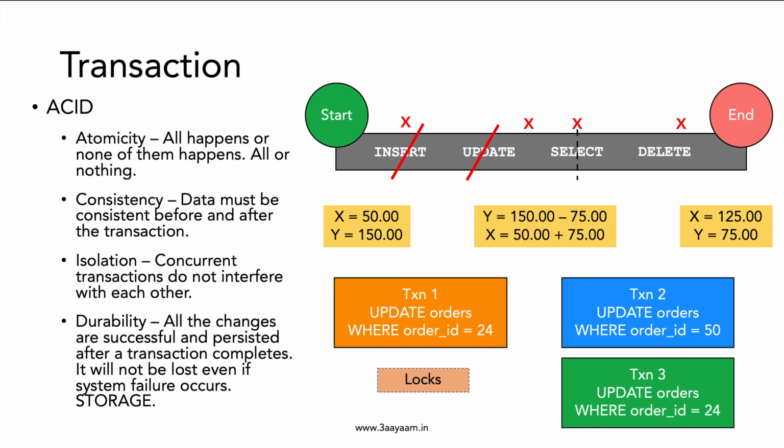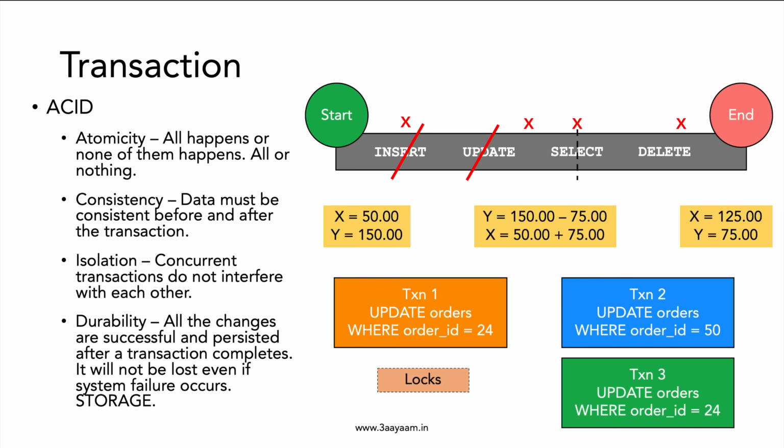It has to support atomicity using transactions, using begin and end, using all or nothing architecture. It has to support consistency, meaning that data must be consistent before and after the transaction. It has to support isolation, wherein concurrent transactions can run, but they will not interfere with each other. And finally, it has to be durable, which is true in most cases. All the databases are durable except for in-memory databases.